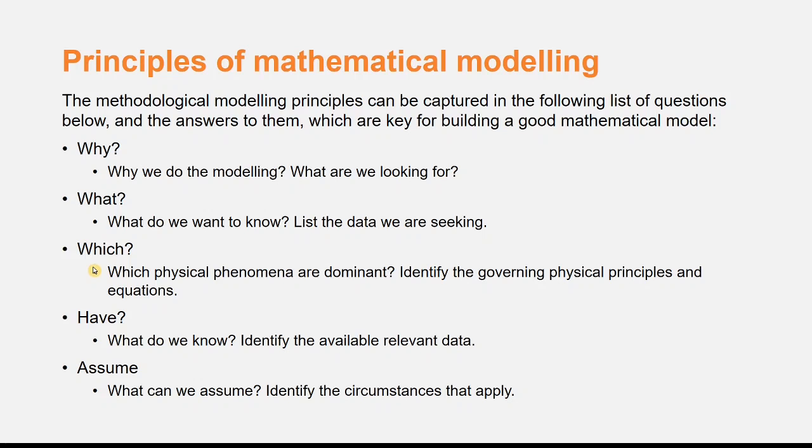Identify and write down the governing physical principles and equations. This will tell you which terms we need to include in some equations and which terms can be neglected. For example, if radiation is the dominant heat transfer, then we need to keep that term and maybe we can drop convection and conduction.